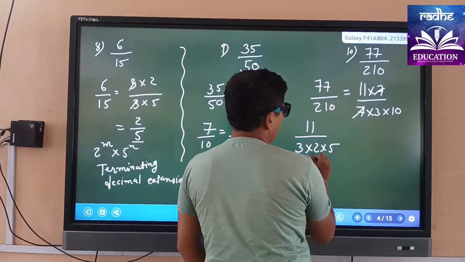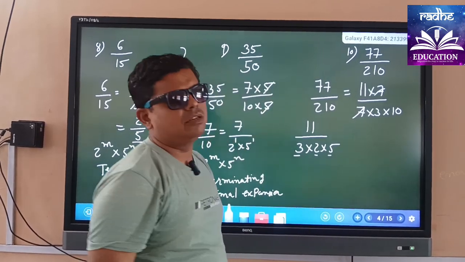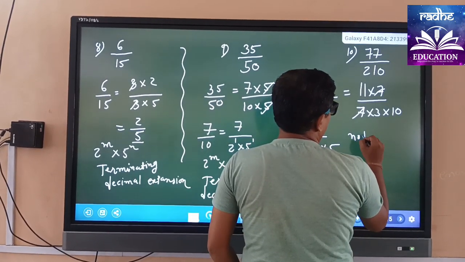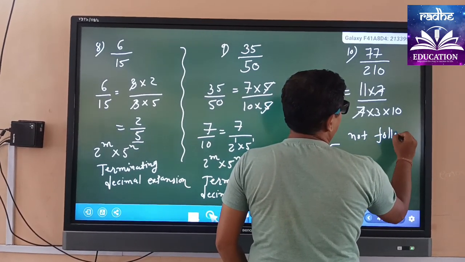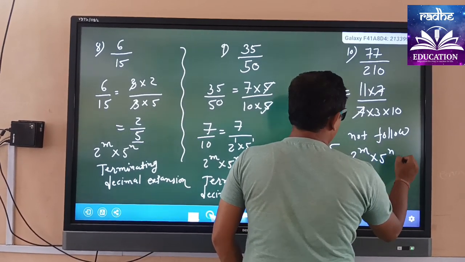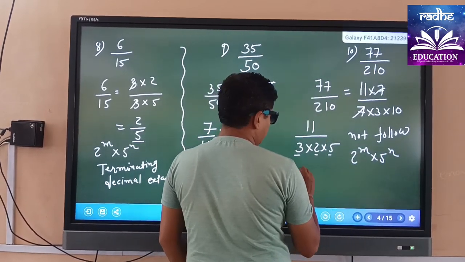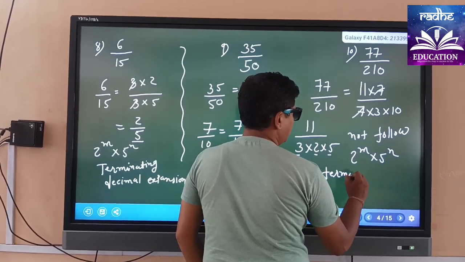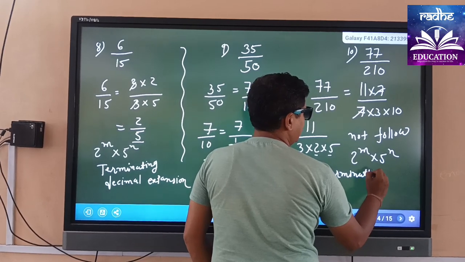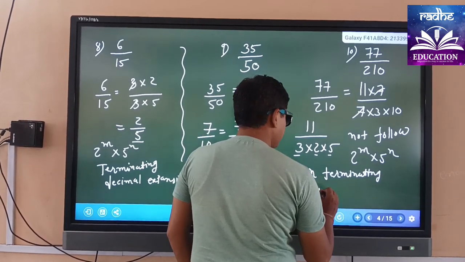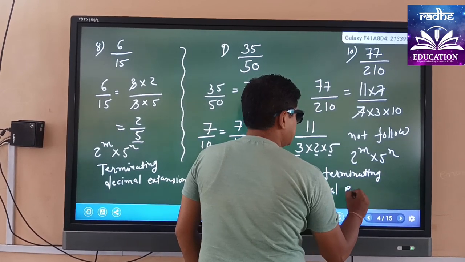You can notice that if only 2 and 5 were present, it would be terminating. But 3 is also present, so the denominator does not follow 2 raised to m into 5 raised to n, and because of that reason it is a non-terminating decimal expansion.